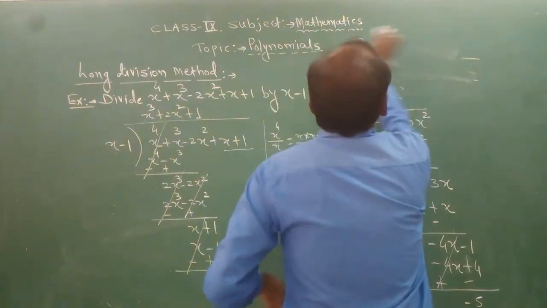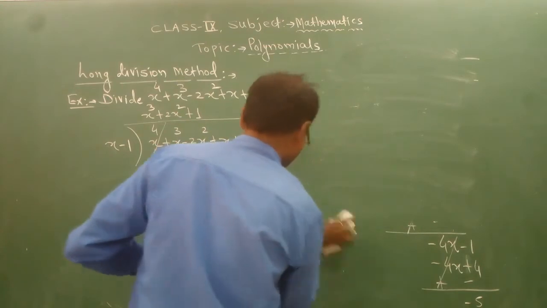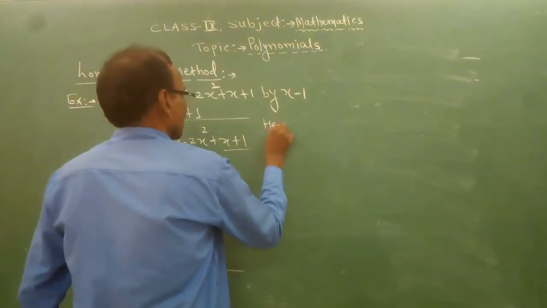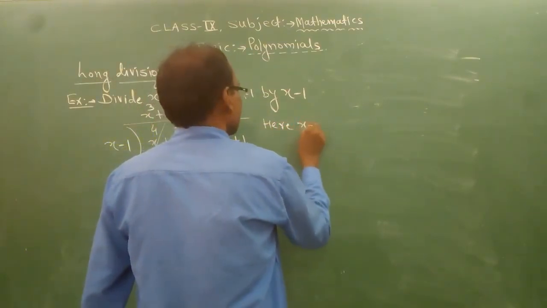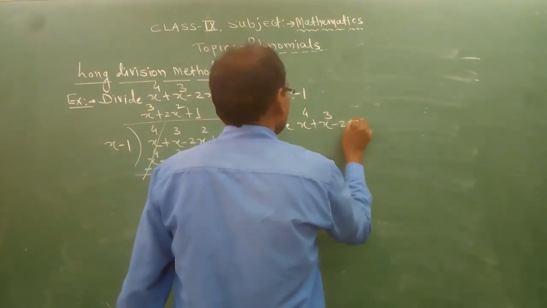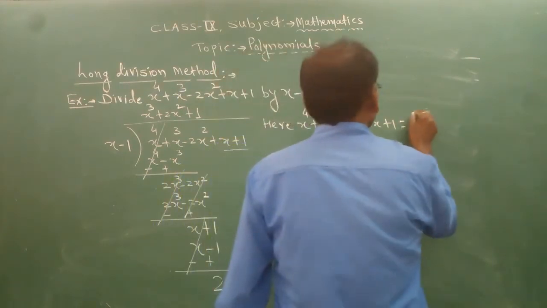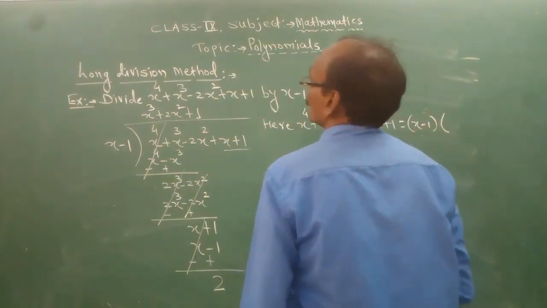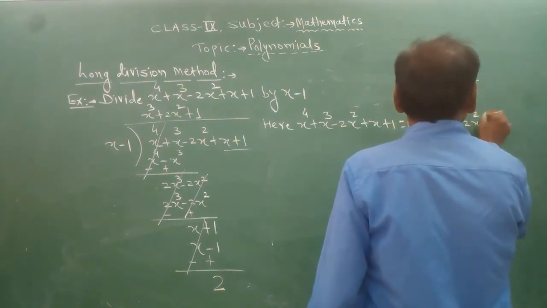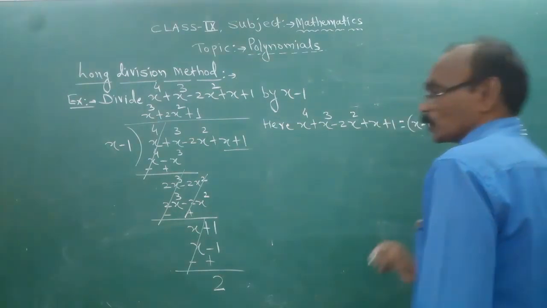We can write this here. This x raised to the power 4 plus x cube minus 2x square plus x plus 1 equal to x minus 1 into quotient x cube plus 2x square plus 1 and remainder is plus 2.